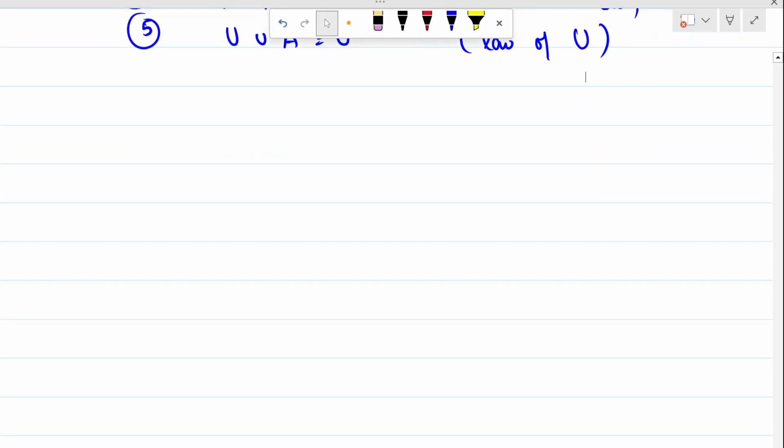And next we have intersection of a set. So what is intersection?